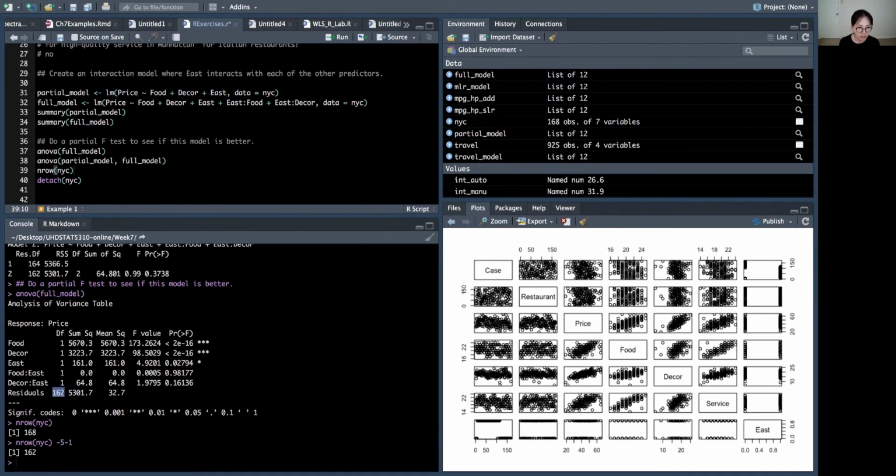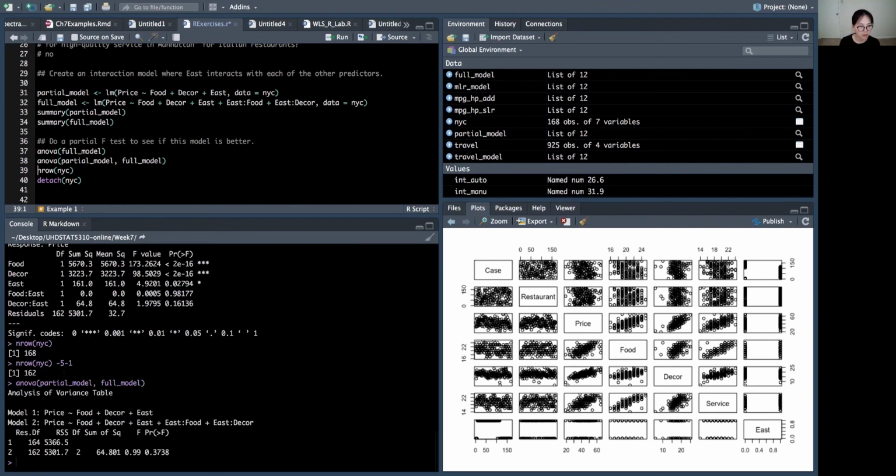This gives you the residual sum of squares corresponding to that degrees of freedom, and the other is also n minus p minus 1.